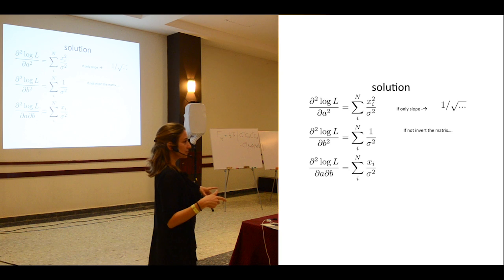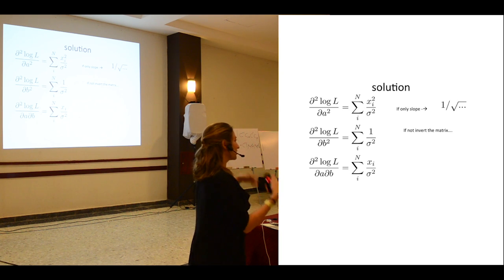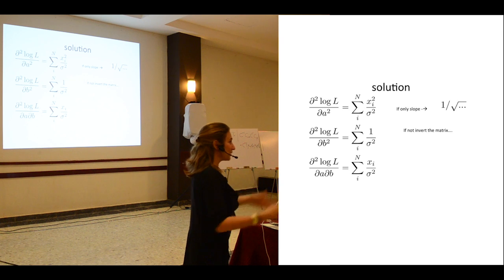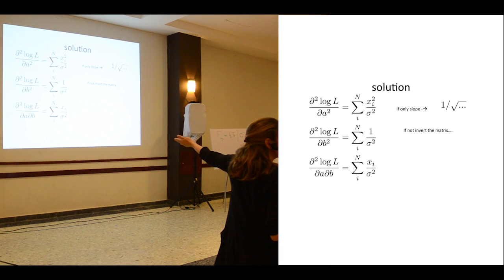If you have both parameters, both A and B, then you have to deal with the 2 by 2 Fisher matrix. And remember, if now you want to compute the covariance matrix, the matrix of the errors or the variances, you have to do a matrix operation on the Fisher matrix. That famous matrix operation is an inversion.